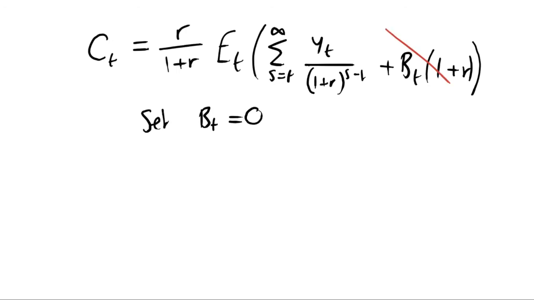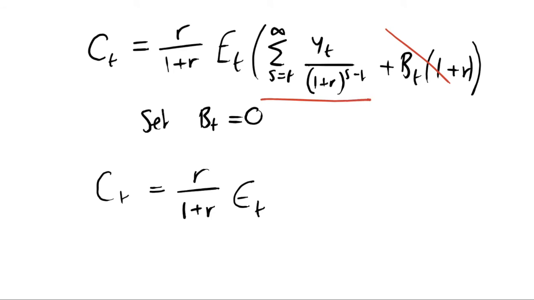And now we can write the above equation out again, just without this term. But this infinite sum here is just simply the present value of income. It's the discounted value of future expected levels of income, so it's what we presently value our future income as, so our consumption is just a function of that, or the expected level of that.